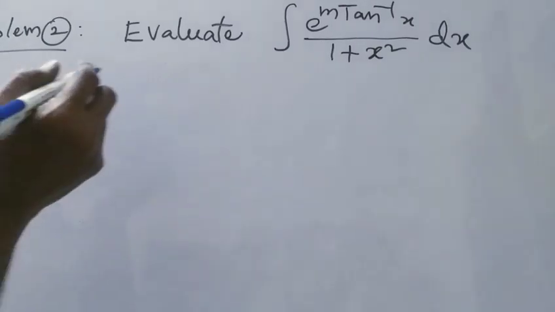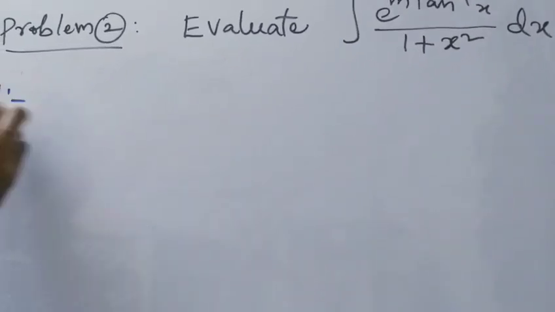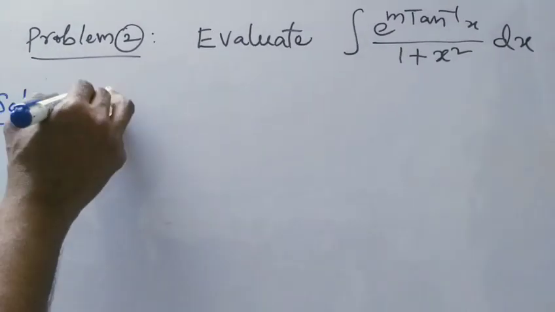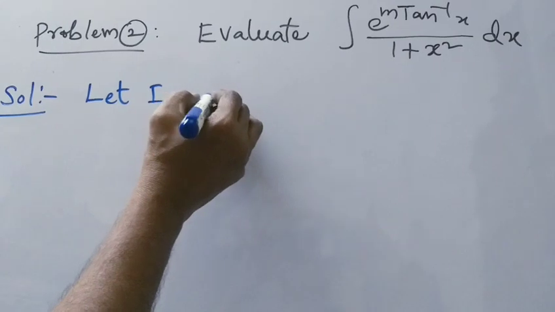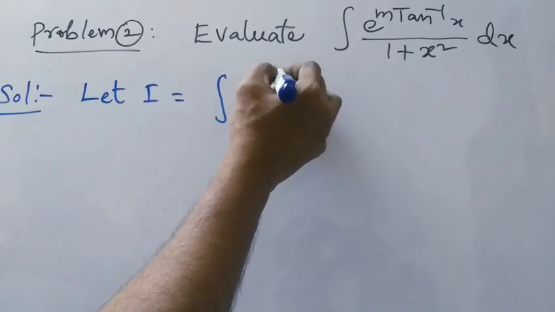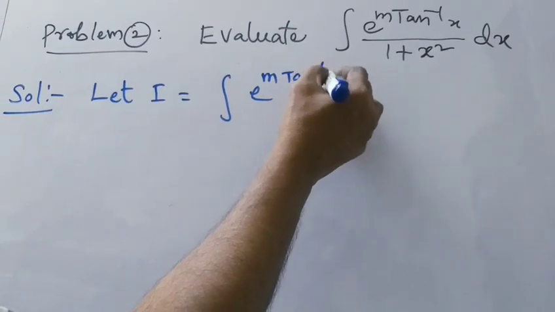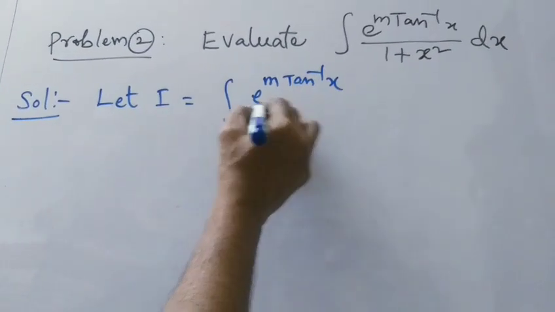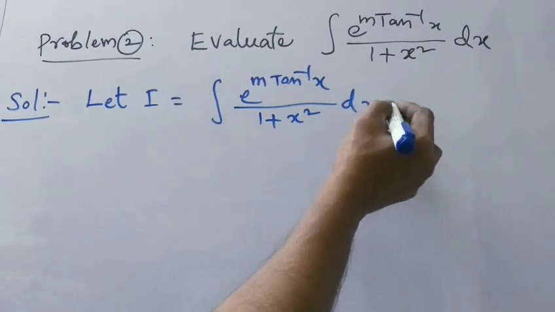For this problem, the solution is going on now. Let I is equal to the integral of e to the power of m tan inverse x by 1 plus x square dx.